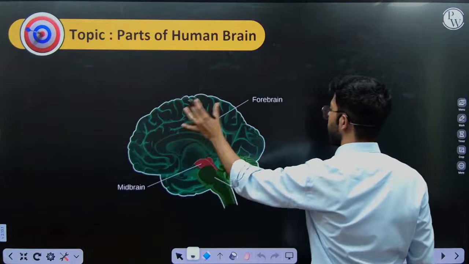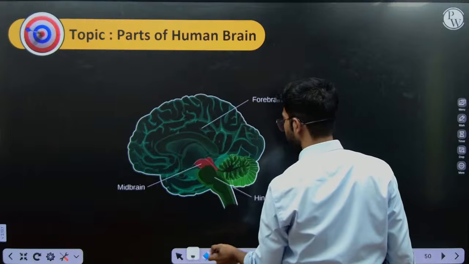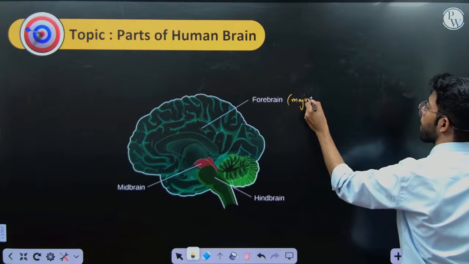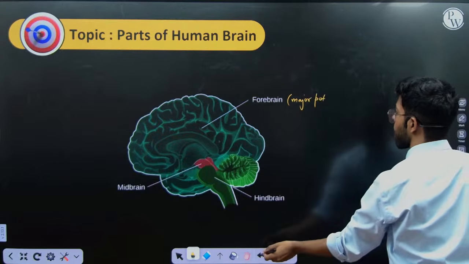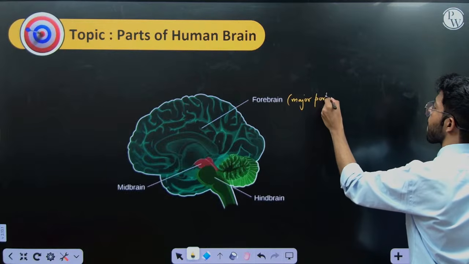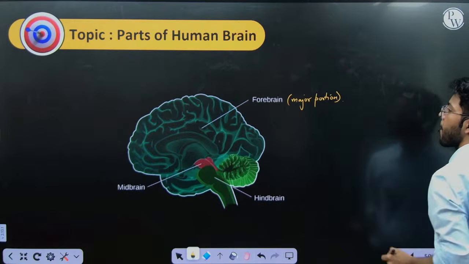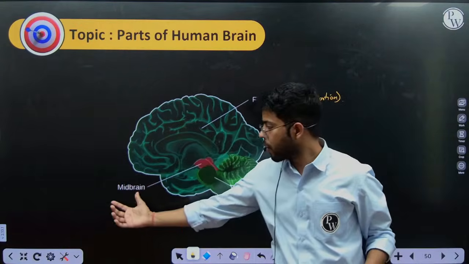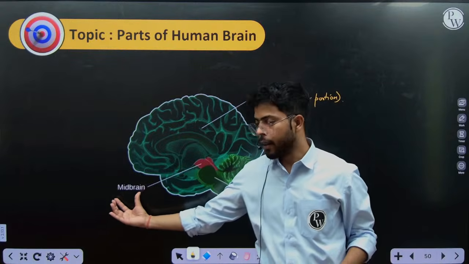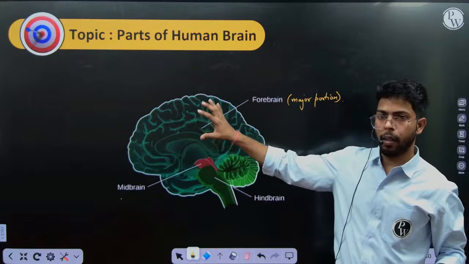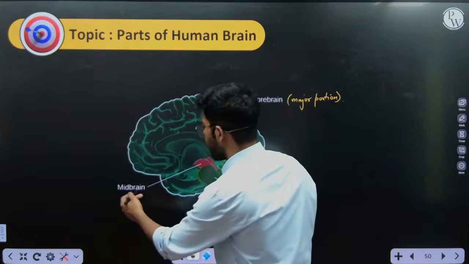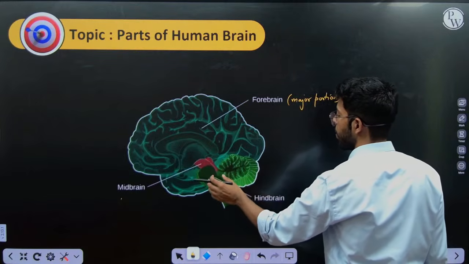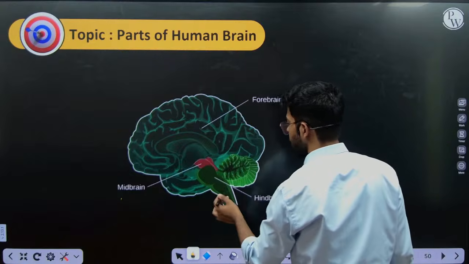This is the forebrain. Forebrain consists of the major portion of the brain, and the reduced part, the very small region of brain present inside our cranium, is the midbrain, and then it leads to the hindbrain part. In hindbrain we have cerebellum, pons, and medulla oblongata.